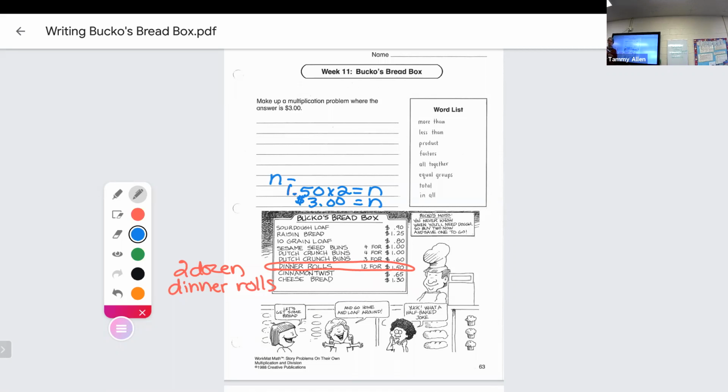Not the dinner rolls she buys. Money spent on dinner rolls would be, or cost of dinner rolls. We could have said cost.